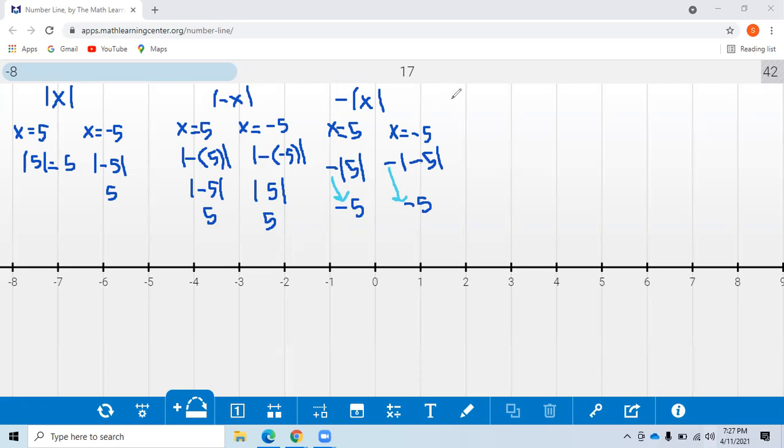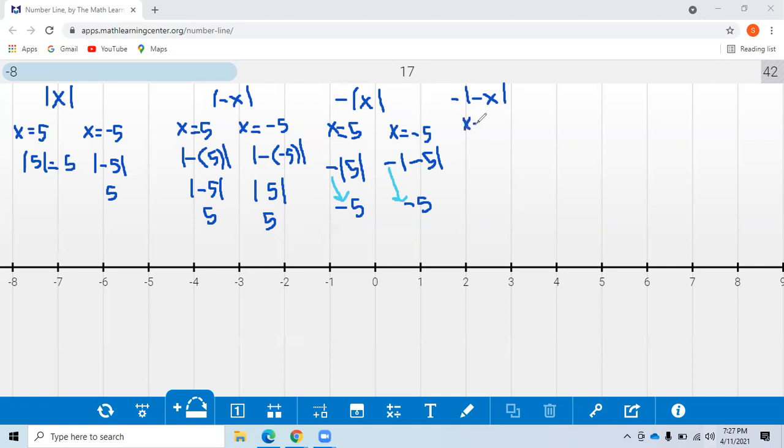And what if we want the opposite of the absolute value of the opposite of x? And again, we're going to use these same values for x.